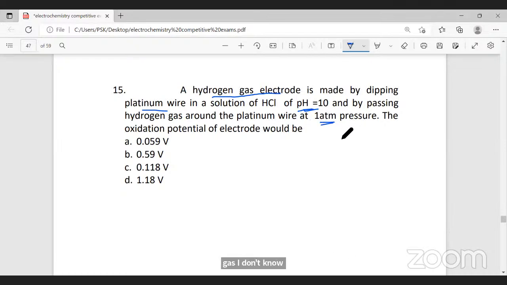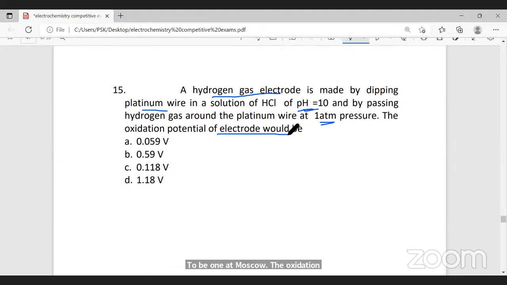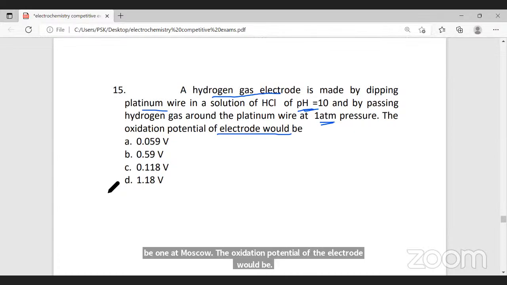I explained the standard hydrogen electrode in detail a few classes before. They've given the pressure of hydrogen gas to be 1 atmosphere. They're asking the oxidation potential of the electrode.